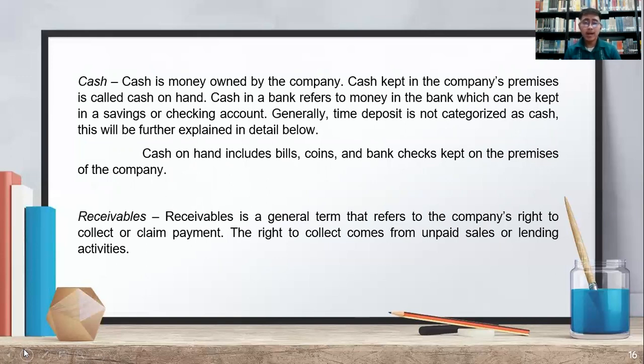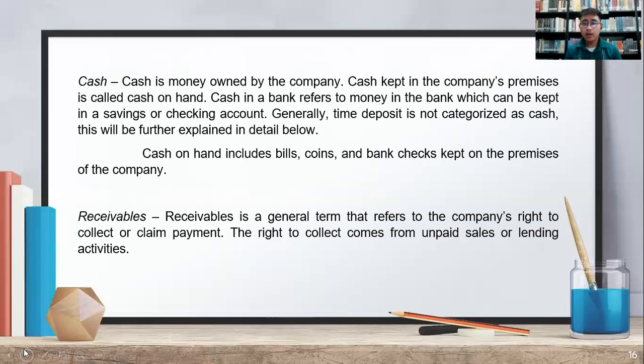So we have two kinds of cash in a company. We have the cash on hand. Ibig sabihin, hawak talaga mismo natin yung pera, or yung pera na yon is nasa company, nasa lugar ng company. While yung cash in bank naman, ito yung mga pera natin na nakalagay sa bangko. Kaya tinawag po na cash in bank.